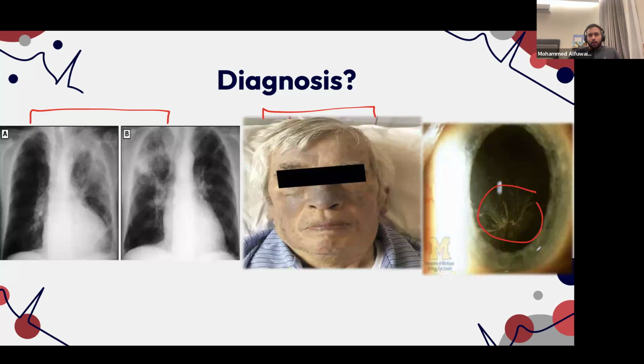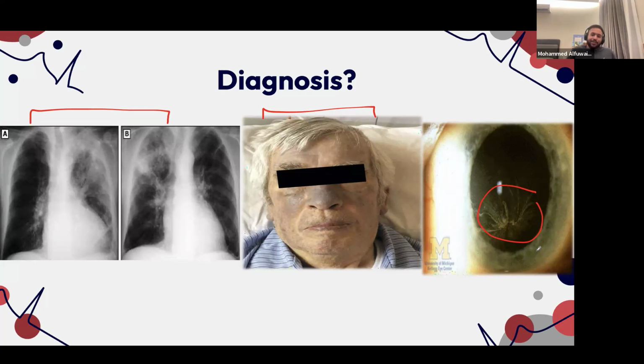Deposits. What other two organs are commonly affected by amiodarone? Liver, good. Hepatotoxicity. One other organ. We mentioned lung. Thyroid, good.